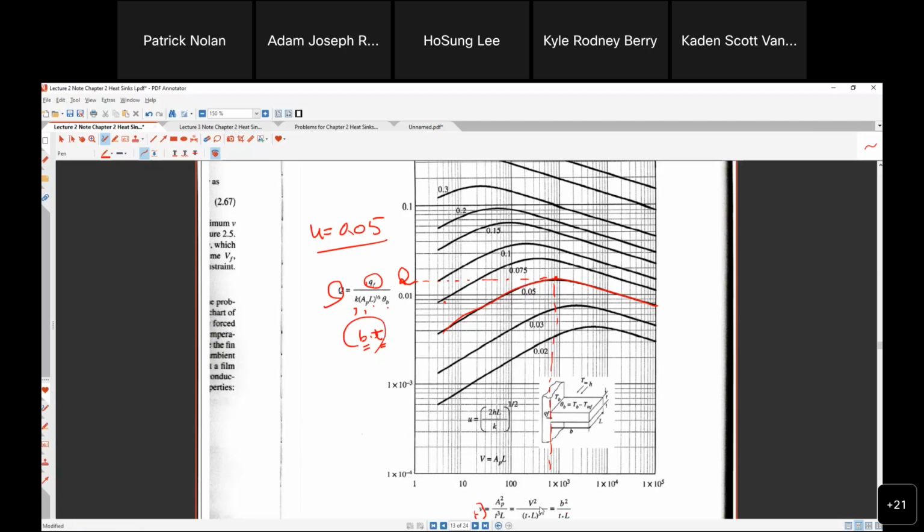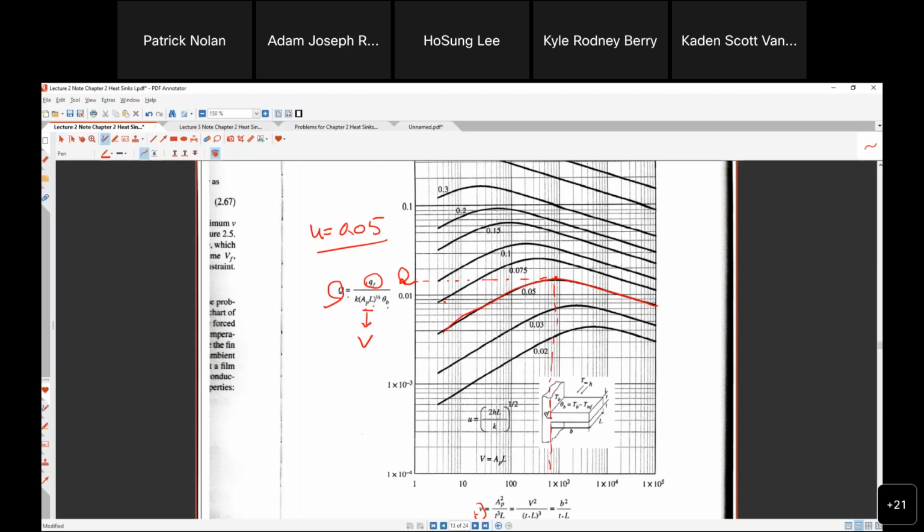Anyhow, I think you can do it. Here APL is a V. What you can do is this: APL is a V.